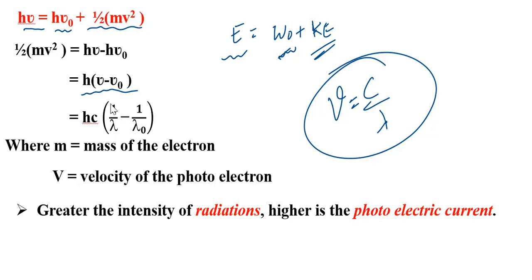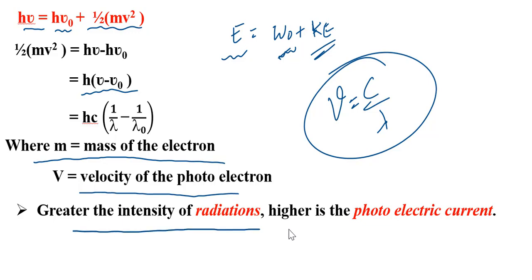So if you apply here c by lambda naught, then hc we can take common, 1 by lambda minus 1 by lambda naught, where m is the mass of the electron, v is the velocity of the photoelectron. Therefore, the greater the intensity of the radiation, the higher the photoelectric current.